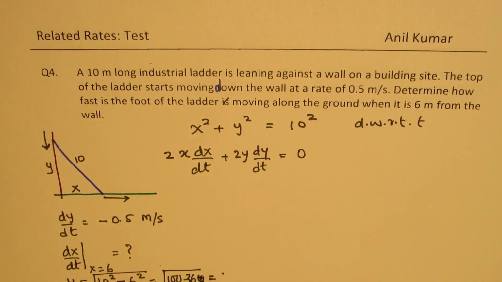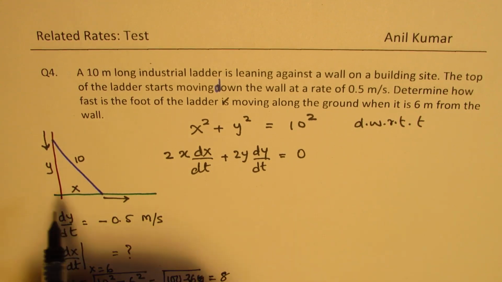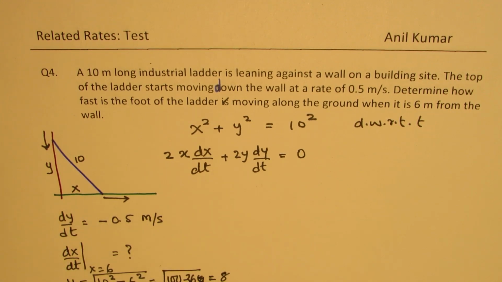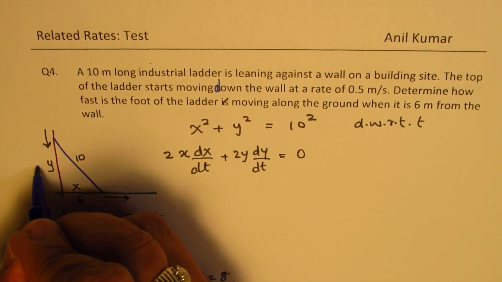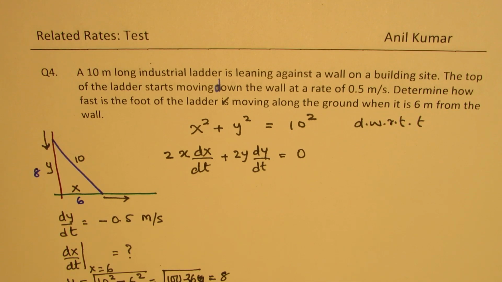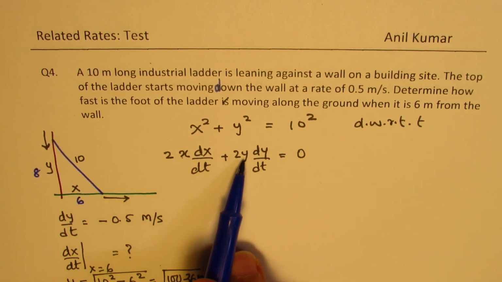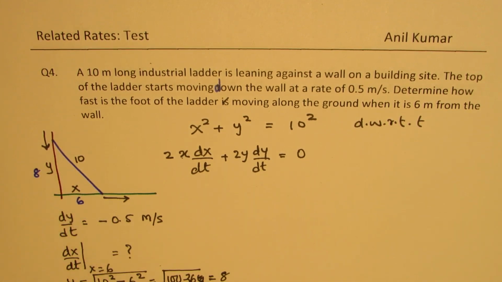When you take away 36, we get the square root of 64, which is 8. So y is 8 when x is 6. We're going to need both the values of x and y, and that's why I made this change, correct?